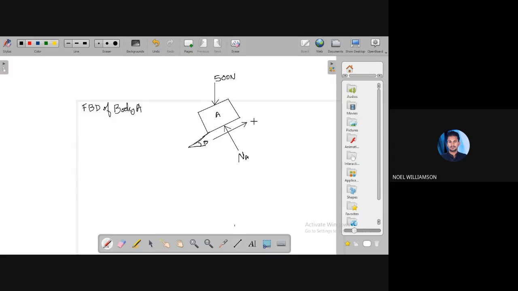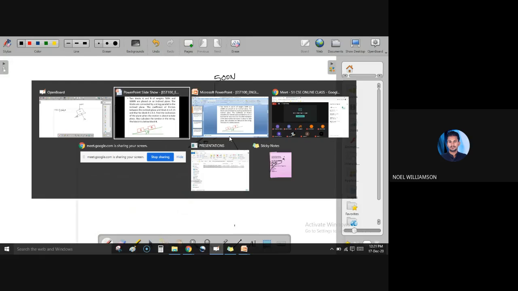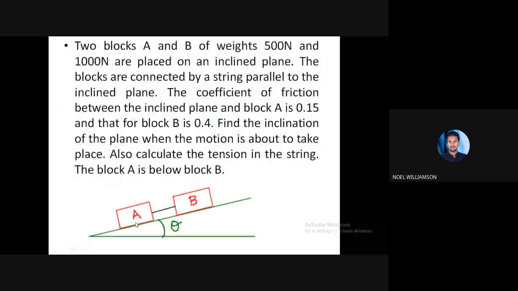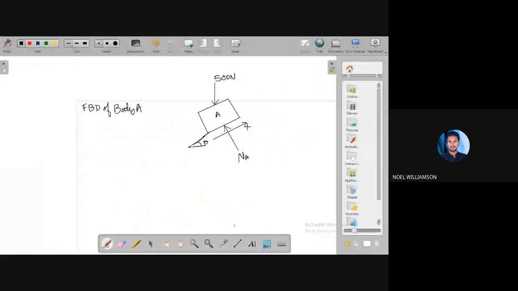Here mu between A and the inclined plane is 0.15, that is, mu into normal reaction Na. So this is the frictional force.